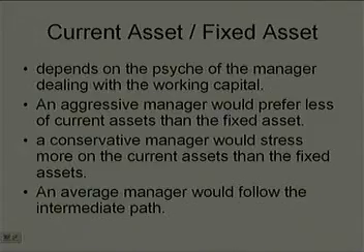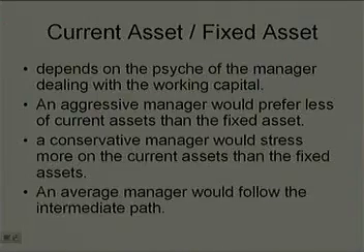Now, one more thing that you need to consider is the ratio of current assets to fixed assets. That is very, very important in the context of working capital. Basically, the idea is how much should be the ratio of current assets to fixed assets. That is one of the decisions that you may have to take.